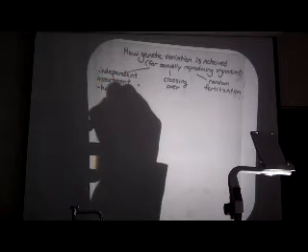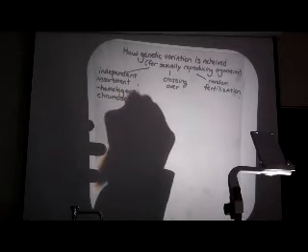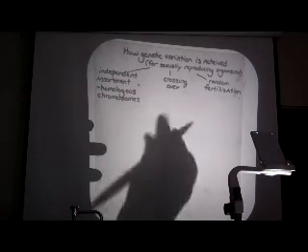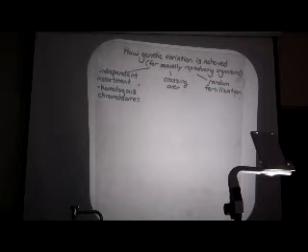To understand independent assortment, you have to remember that homologous chromosomes are going to pair up during meiosis 1. During prophase 1 of meiosis 1, homologous chromosomes are going to pair up.